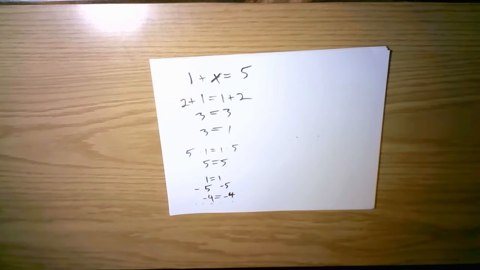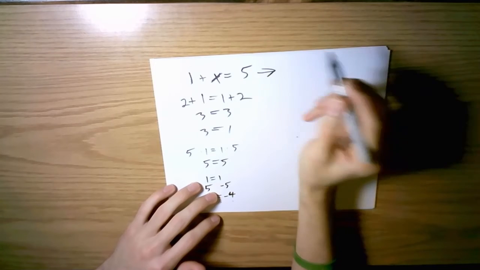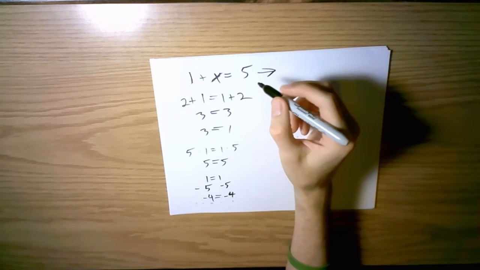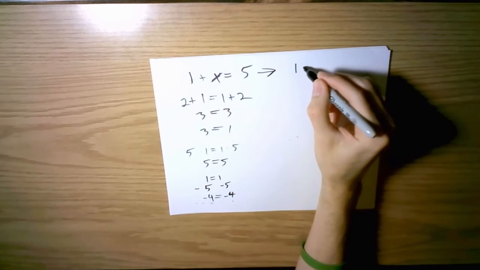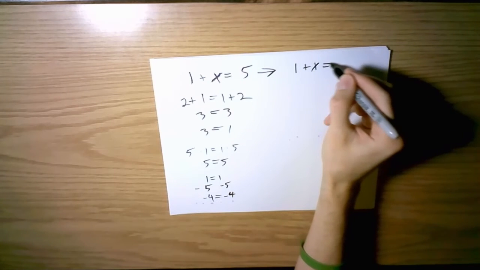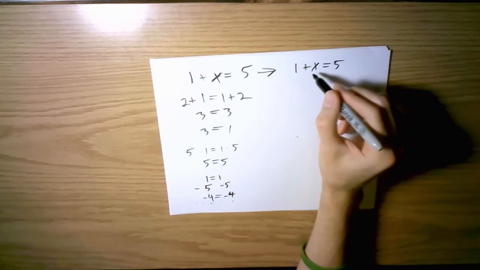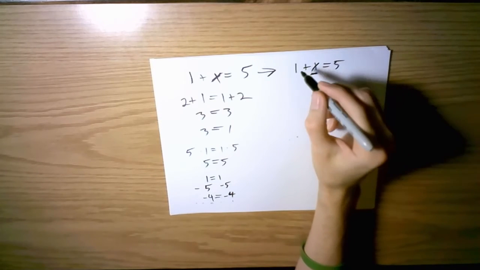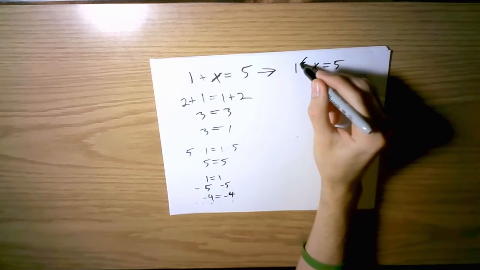So, back to this equation. We can use this idea to find out what x is. 1 plus x equals 5. So our goal is to get x by itself, and that will tell us what x is. So we've got to get rid of this annoying little 1 over here.